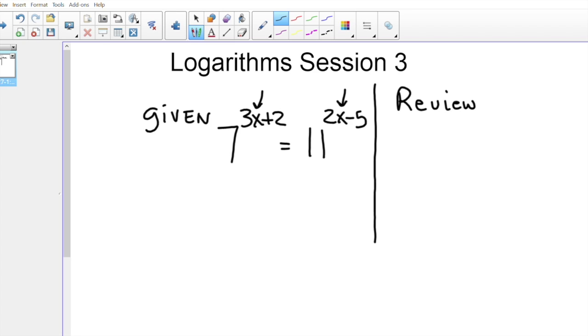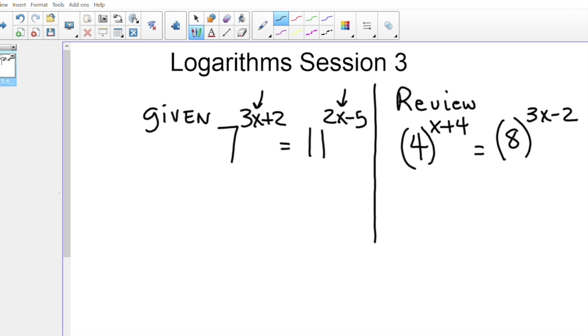When I was reviewing this type of problem, I want you to use the idea behind it to incorporate it in what we're fixing to do. For instance, 4 to the power of x plus 4 equals 8 to the power of 3x minus 2.